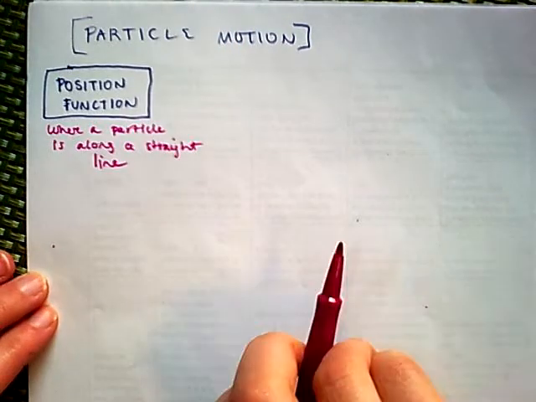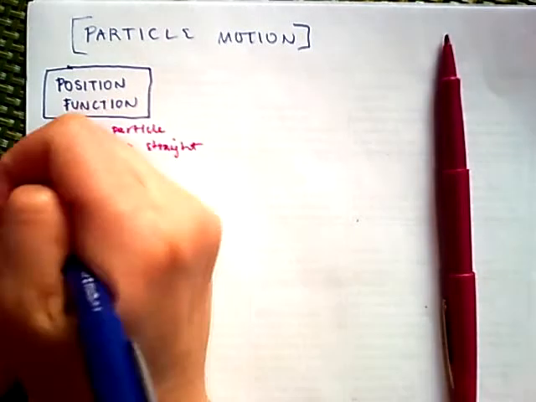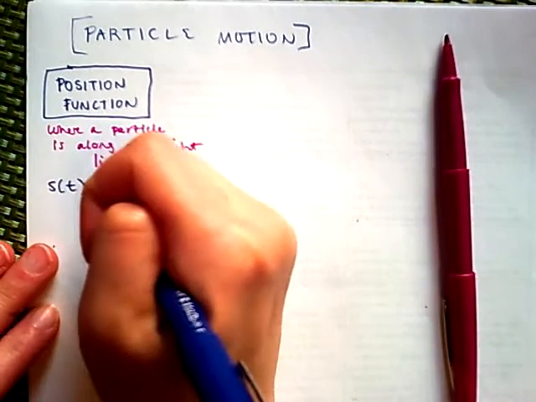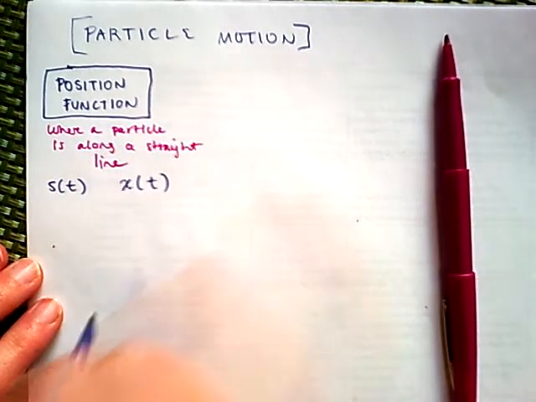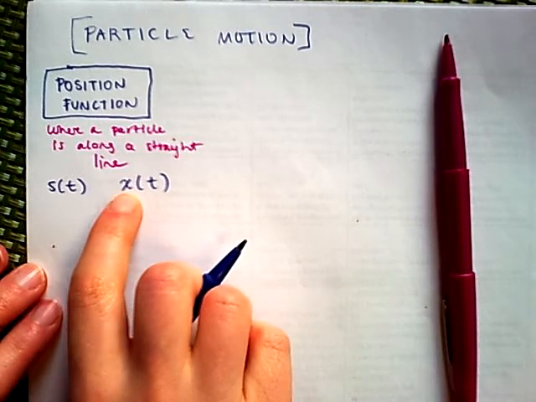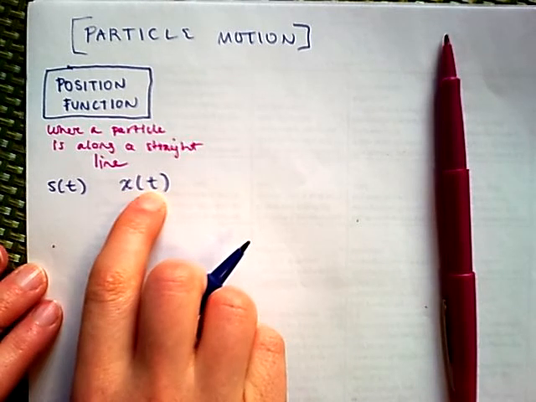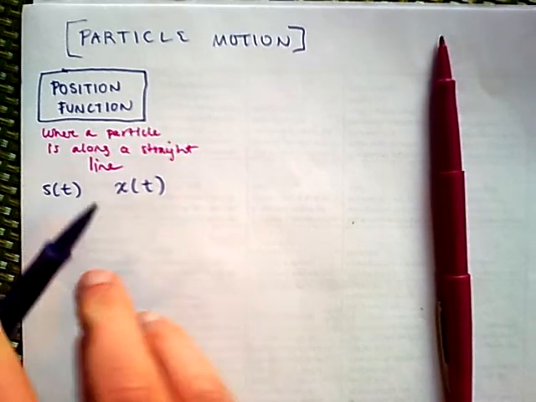Typically we use s of t for this function. Sometimes it'll be a function moving along the x-axis, and we'll call it x of t, where x is the output and t is the input, because this is a function of time.